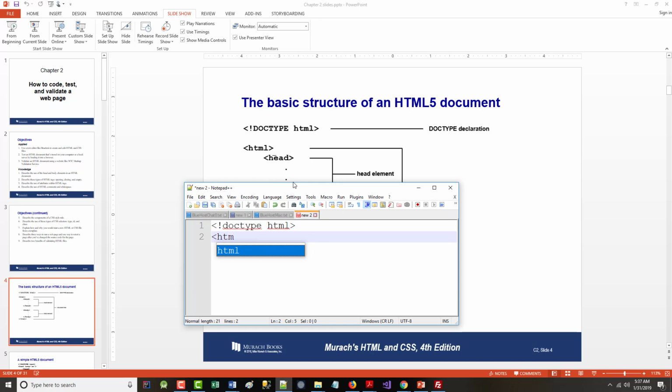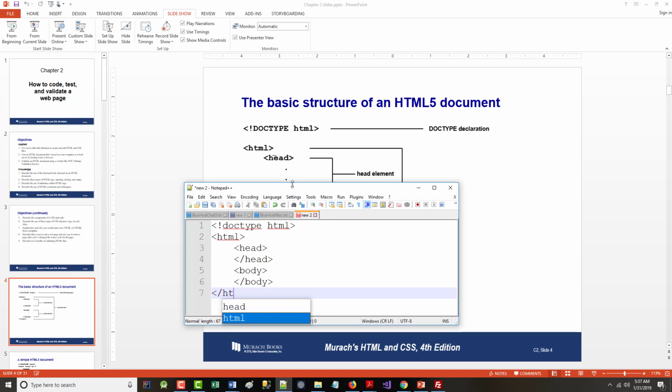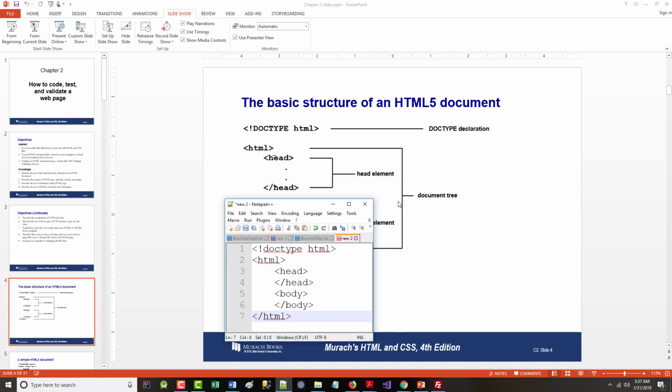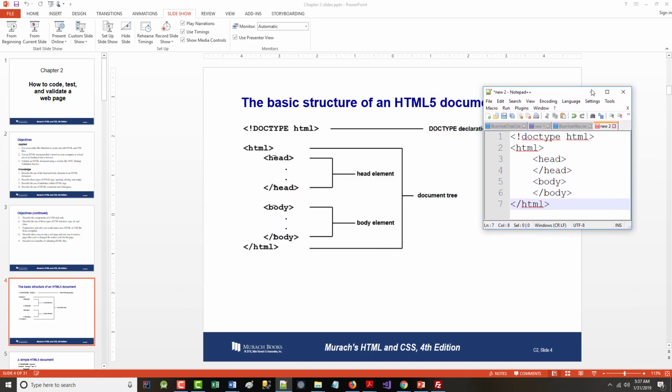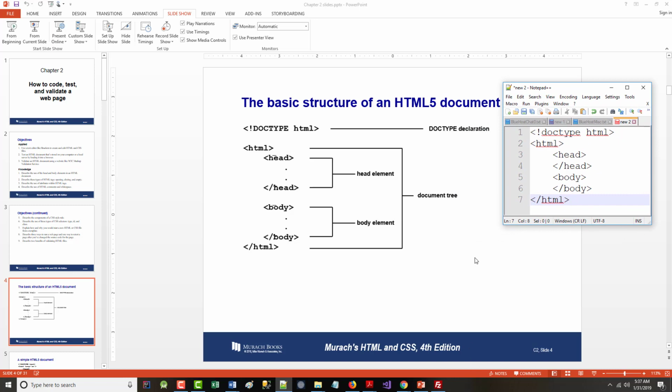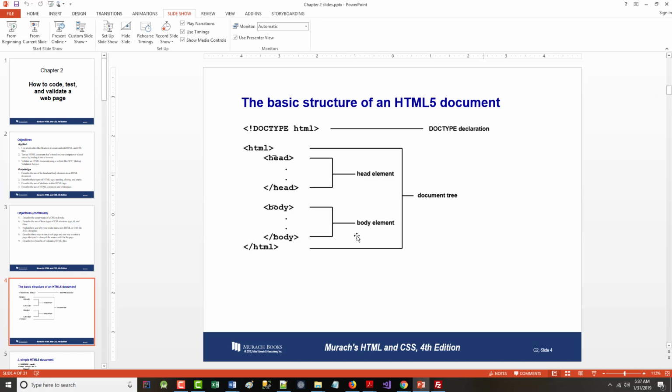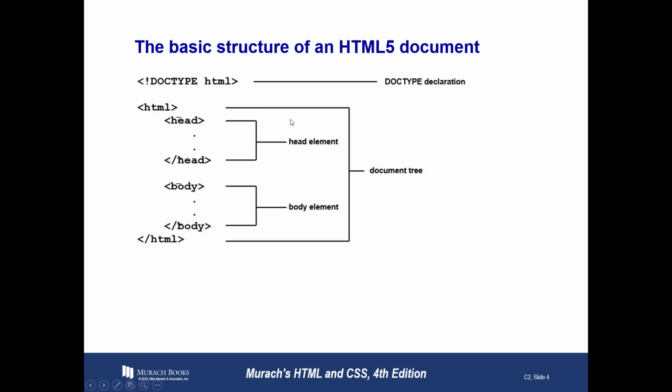An HTML tag, a head tag, beginning and end, a body tag, beginning and end, and an ending HTML tag. I believe that's everything that they've shown here. And you can see that indeed it is. Now I will add a little bit to this as we go along. Not real much, but a little bit, because we're just starting.